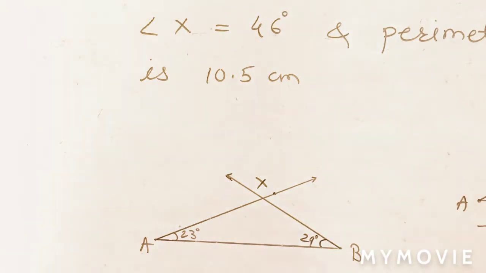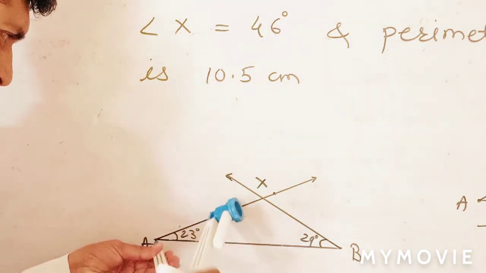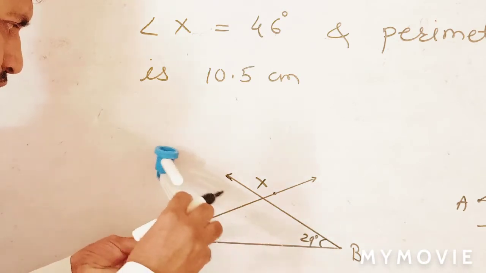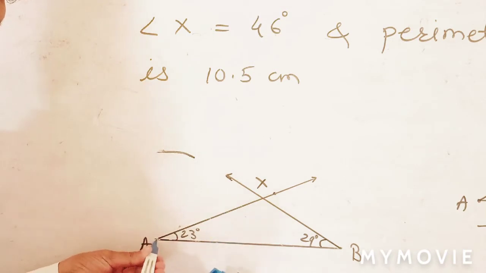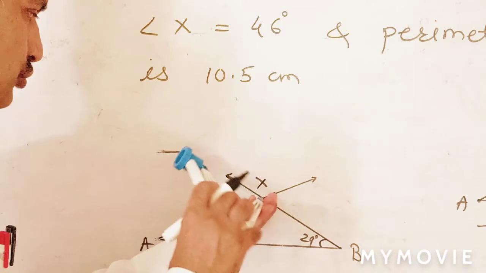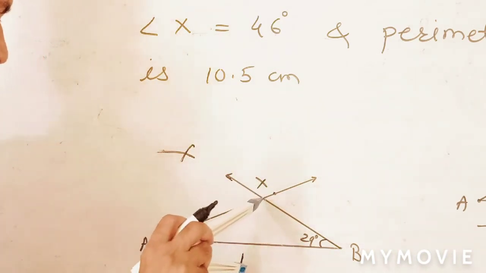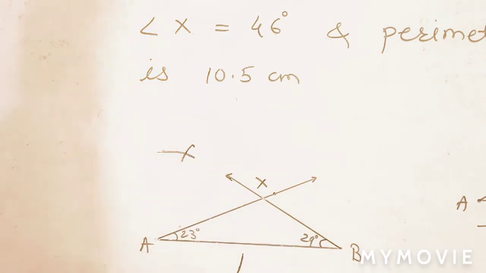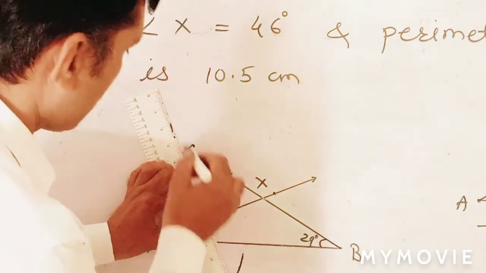After that we have to draw perpendicular bisector of A and B. Perpendicular bisector, more than half. From A first, from A, then from X, okay, draw a line passing through these intersection points.